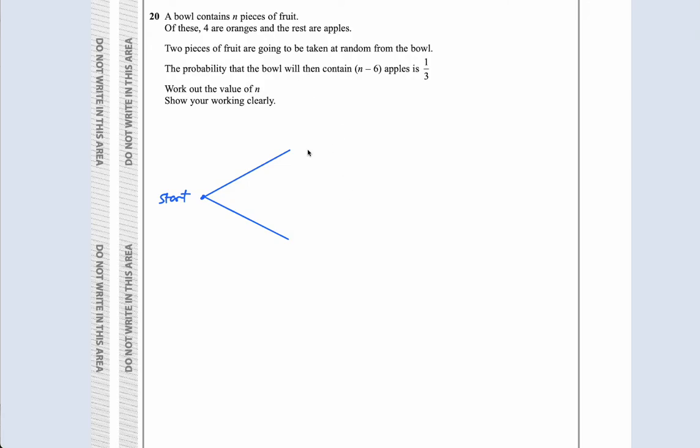It could be an orange or an apple, O or A. Then we're going to take a second piece of fruit, and that could also be an O or an A. And then this guy, if we get an apple, we're still going to take a second piece of fruit. That could be an O or an A. So that's my first part of my tree.